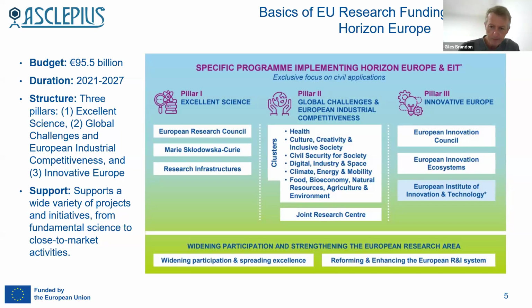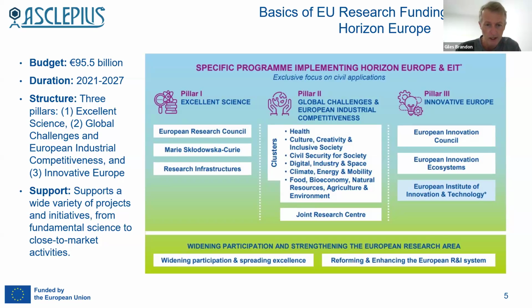I'm not going to talk in great detail about these different programs because that will come in a later training, except to say, from what I know about Eliva Institute, the obvious areas where I can see you have opportunities to try to get funding would be, for example, under Pillar 1, the Marie Skłodowska-Curie Actions.